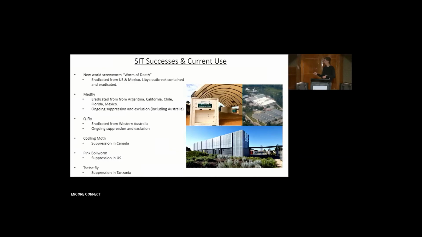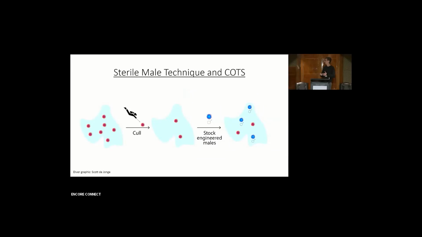Now, how might technologies like this be applied to Cots? Unlike these insects, you obviously can't be releasing lots and lots of males out into the wild, since the males are just as capable as the females of causing damage to the corals. So it's likely that the approach necessary would be to use culling, as you do now, to reduce the populations as much as you can in a particular area, and then you would stock sterile males.